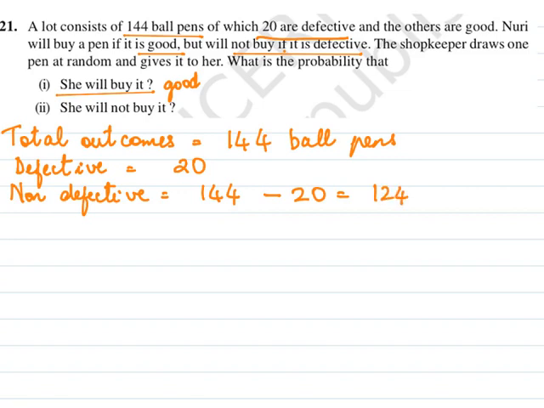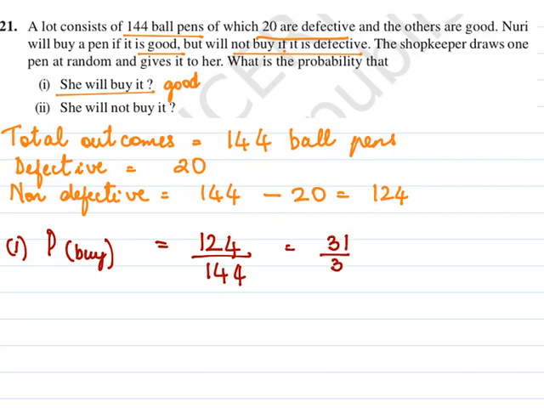These are the non-defective, and she will buy a pen that is non-defective. That means the probability that she will buy will be favorable outcomes over total outcomes. Favorable outcomes are the non-defective ones, that's 124 out of the total, which is 144. So that is equal to 31 over 36.